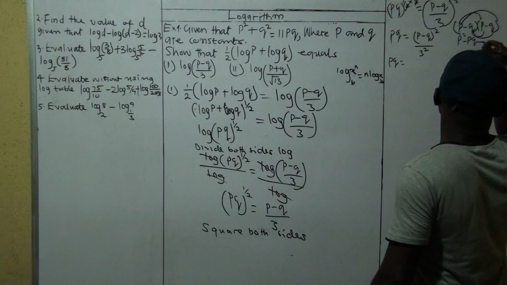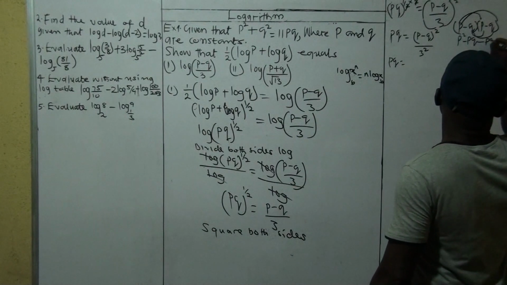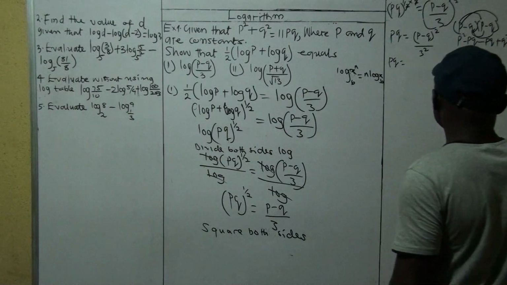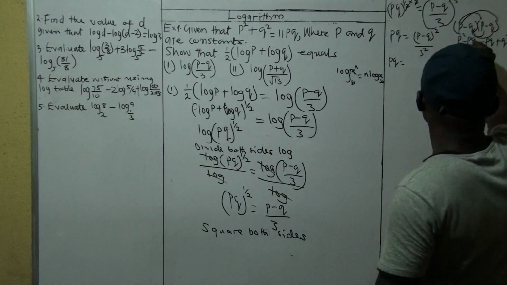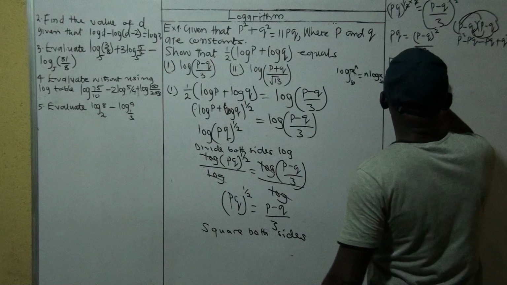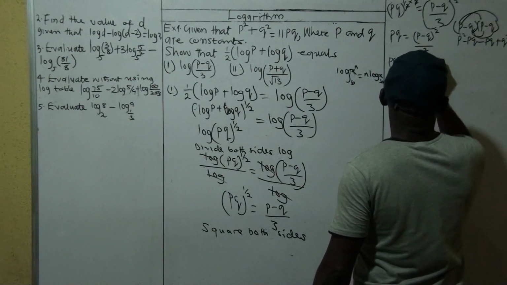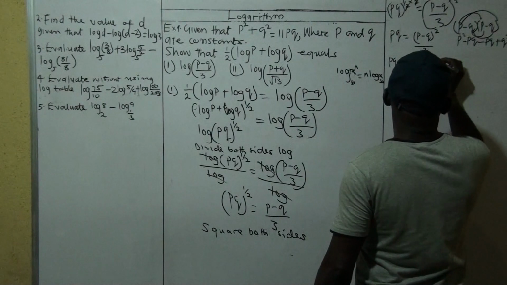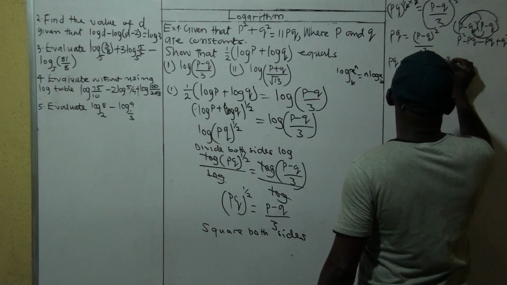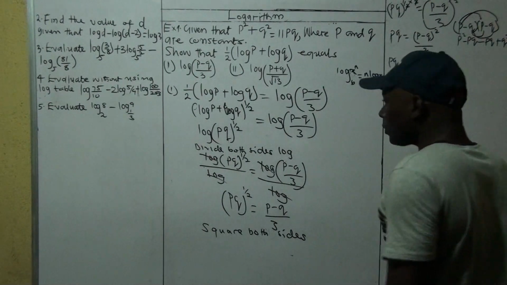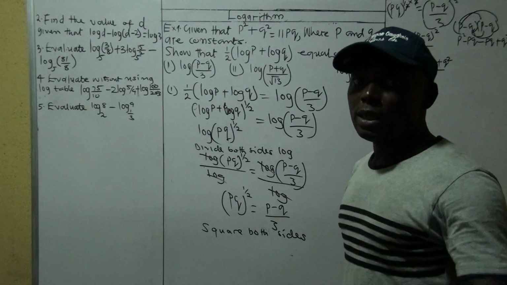So we have a minus pq again, plus q squared. So the whole of this becomes p squared minus 2pq plus q squared. 3 squared is 9.